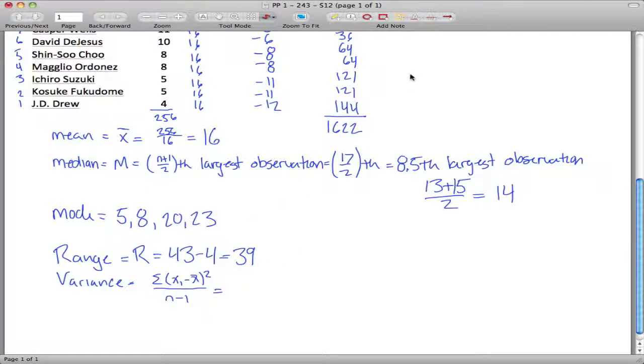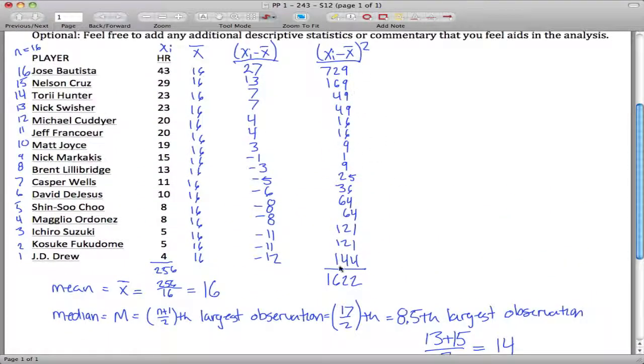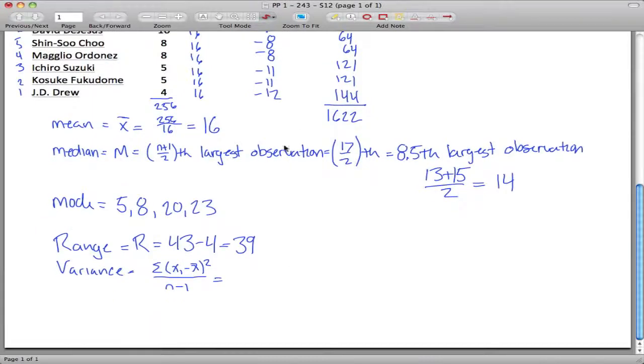Well, the sum of this column is 1622. So my variance is 1622 divided by 16 minus 1, which is 15. If you calculate that out, you get 108 and some change, 0.13 repeating. So this number right here is our variance.